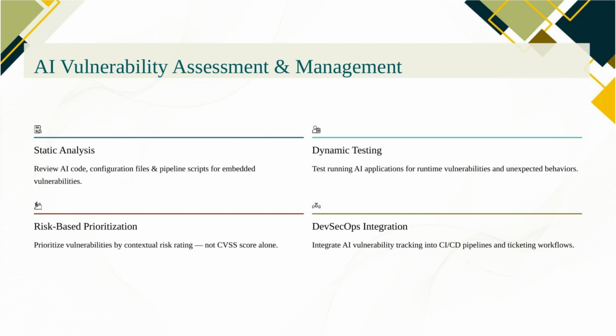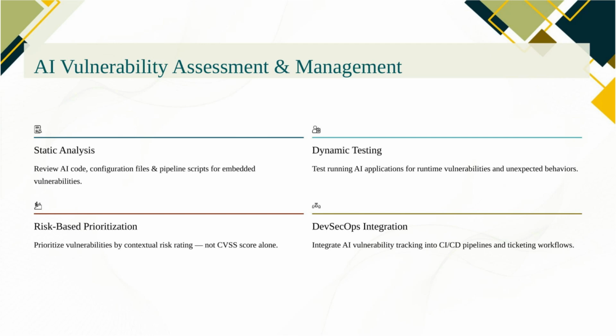When you prioritize vulnerabilities for remediation, CVSS scores alone are insufficient for AI. You need to factor in the AI-specific risk context. What's the business impact if this model is compromised, and how likely is exploitation given the threat landscape?